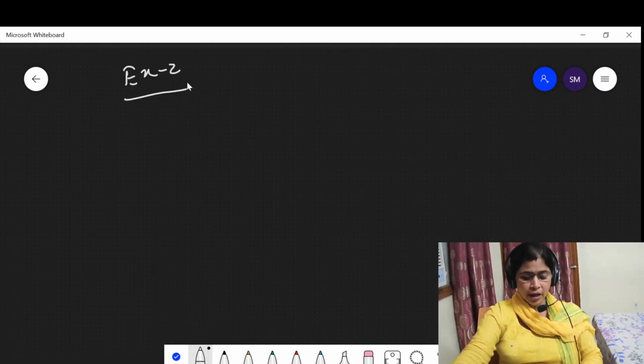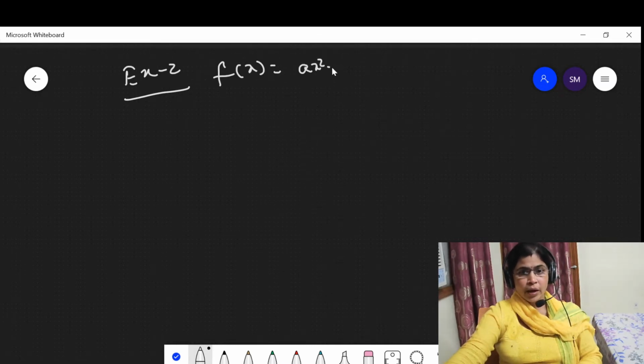Then here is another example. The polynomial is given here, f(x) is equal to ax square plus bx plus c.